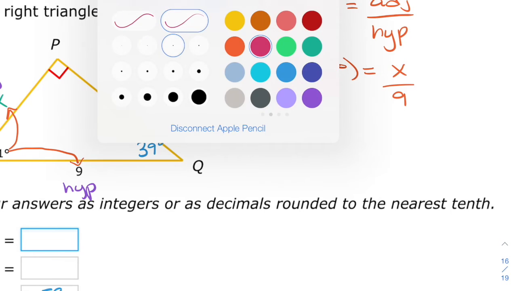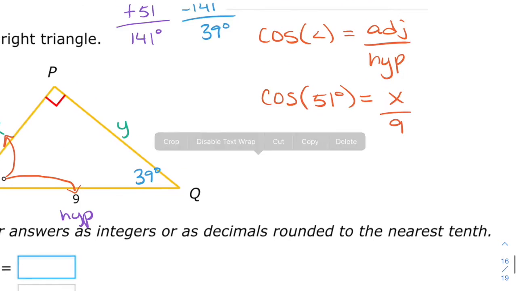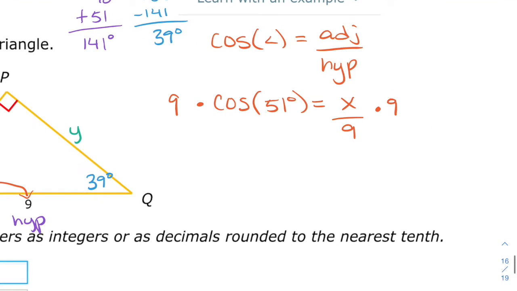I'm going to stick with orange the entire time here so that it's connected to what I'm solving for. I now have 9 times the cosine of 51 degrees, and that's equal to x.